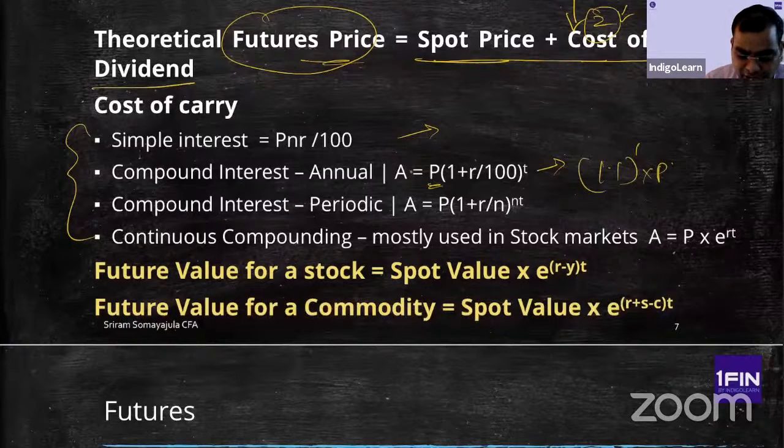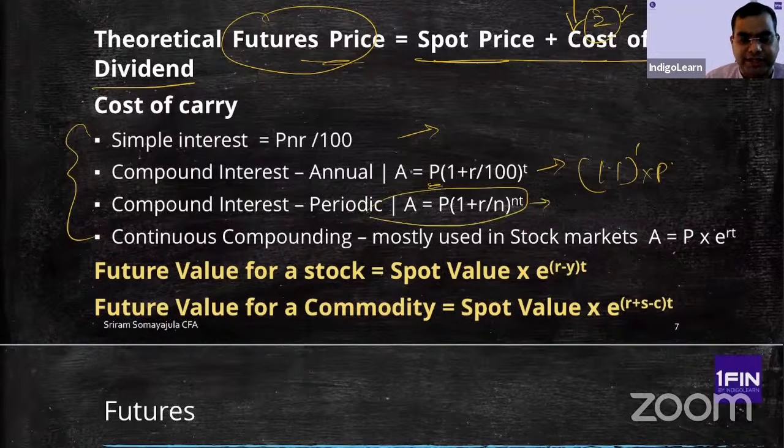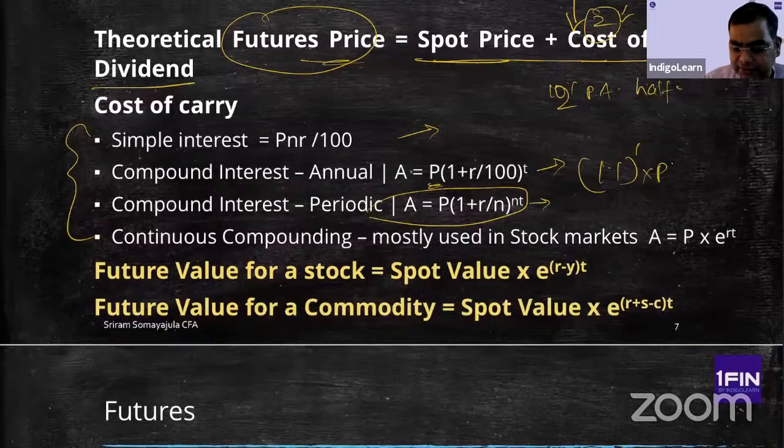Right? If it is periodic, then there is this formula. If some of you have already finished the chapter on bonds and security valuation, then you'll know this. Let's say the interest rate is 10% per annum, and interest is compounded half yearly, then the future value is computed as 1 plus 10% by 2, whole power 2 into T, whatever the number of periods and the time.